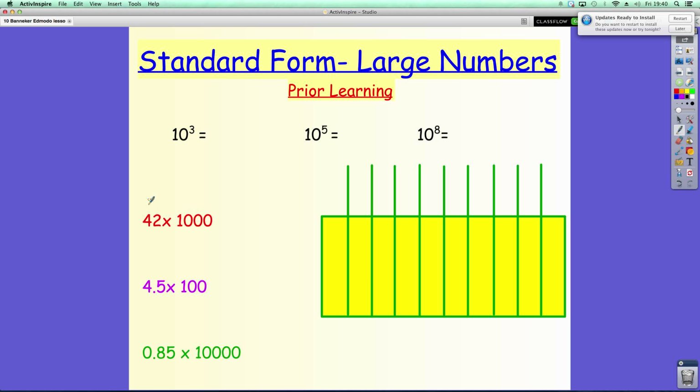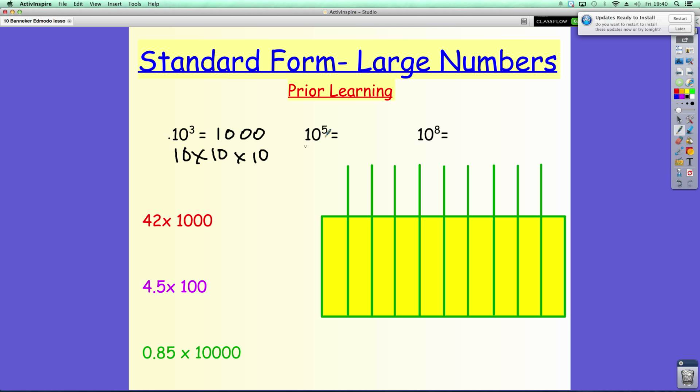So before we start looking at standard form, there are a few things that we need to remember. The first thing would be the powers and indices of 10. So 10 cubed we know looks like 10 times 10 times 10, and as a value that's 1,000.